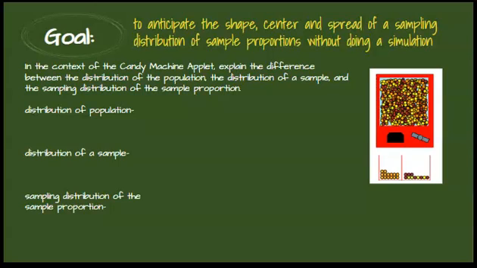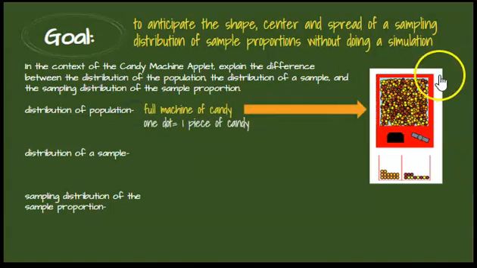There it is, filled with Reese's Pieces. And it's taken a sample down here. And I want you to get comfortable with the verbiage here. In terms of this Reese's Pieces stuff, the distribution of the population is all the candies in all the machine.